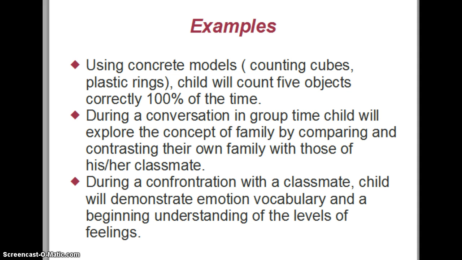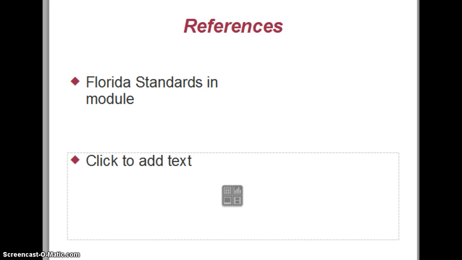We try not to say I am mad because in olden days that meant that you were crazy. I don't like what you're doing. Most of our work as early childhood teachers is giving children the correct words. So that basically is writing an objective.